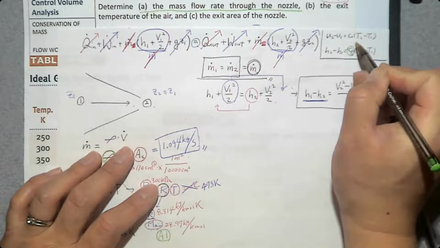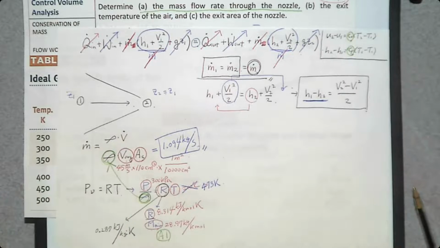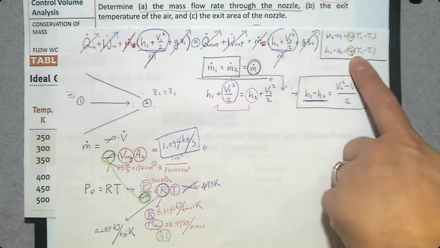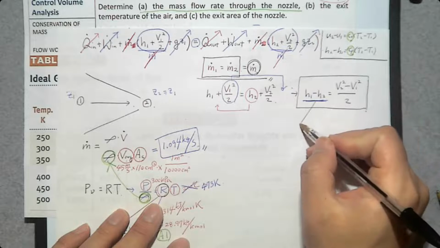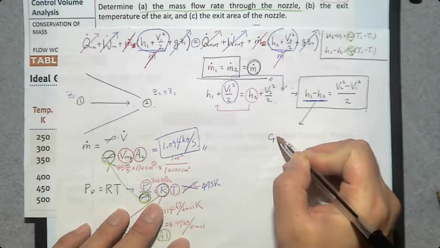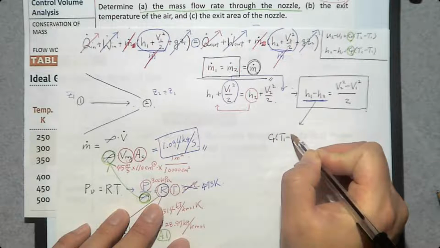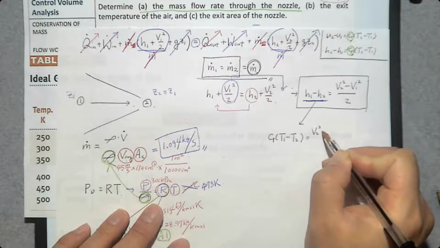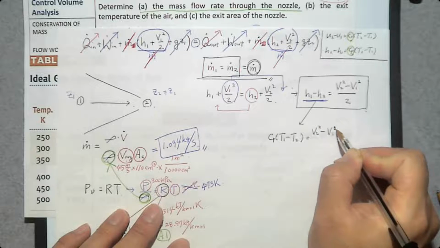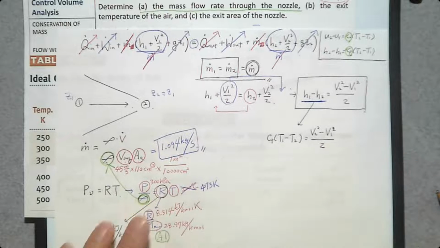This is CP and CV, they are specific heat. Then, if we want to determine H1 minus H2, we can use CP. So this equation becomes CP (T1 minus T2) is (velocity 2 squared minus velocity 1 squared) divided by 2.